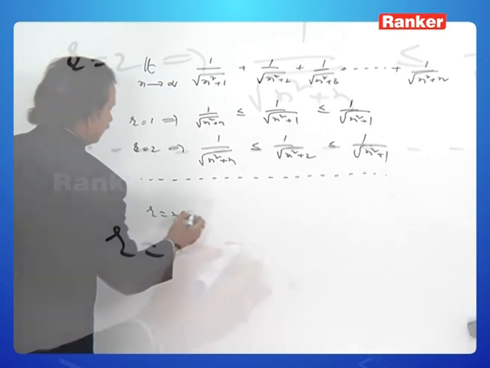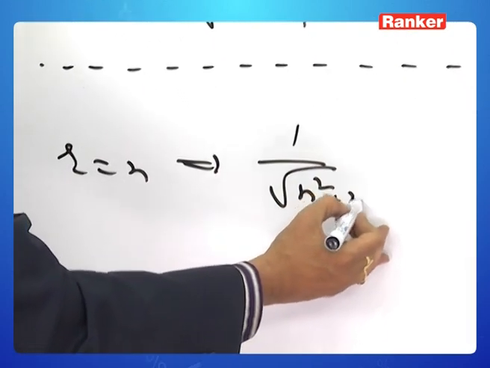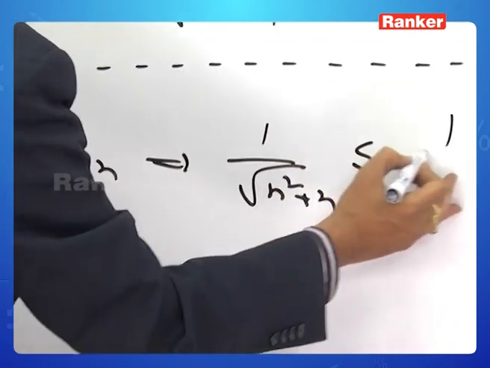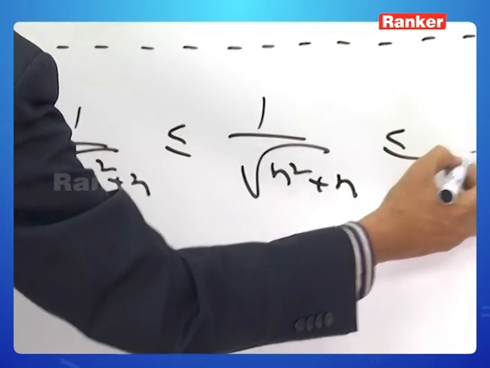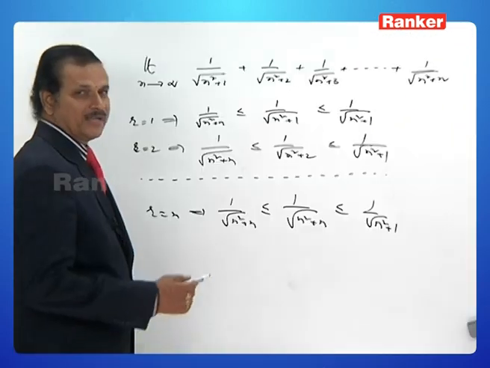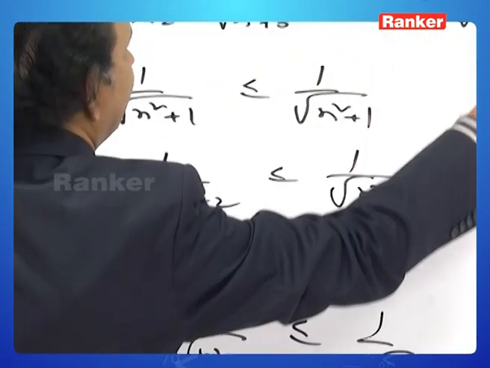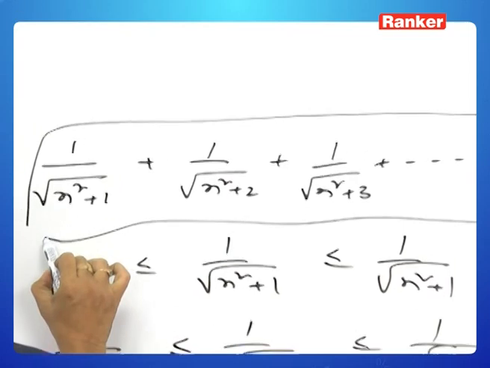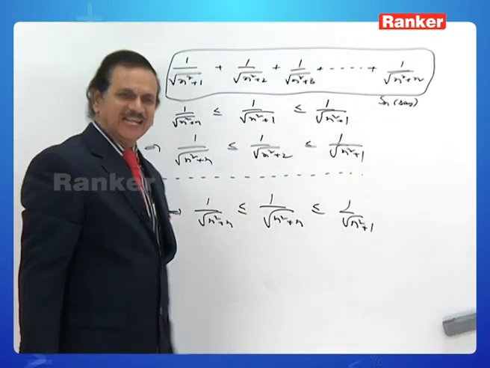What do you have? 1 by root n square plus n is less than or equal to 1 by root n square plus n, less than or equal to 1 by root n square plus 1. I like to call this entire expression Sn.